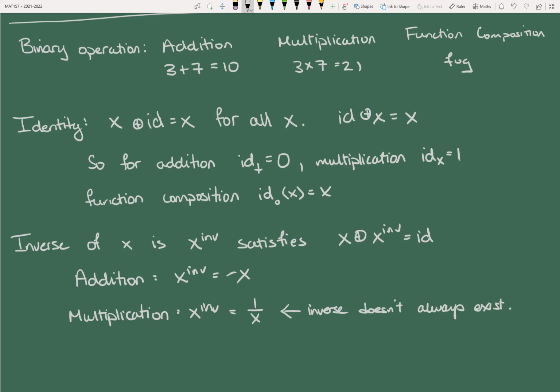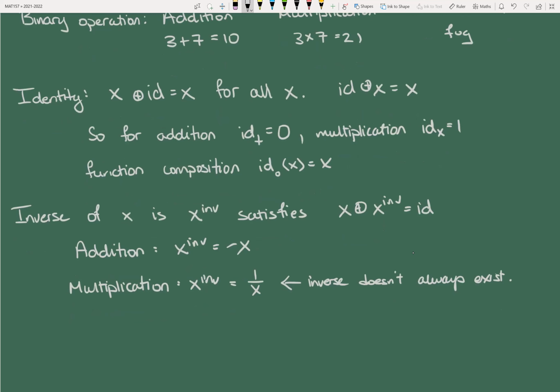Because, for example, we know that 0 does not have an inverse, right? So you're not guaranteed that inverses always exist. And for function composition, I'm just going to call it function here instead of function composition. The inverse is the inverse function, right? Yeah, exactly. It's F inverse, which we don't have a nice way of expressing, but that's what the inverse is.